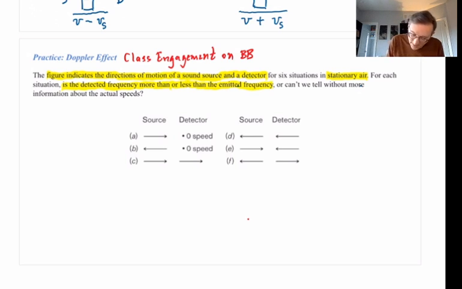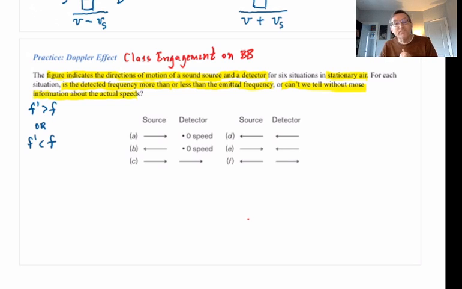In other words, is f prime greater than f? Or is f prime less than f? Or is there not enough information to tell? Okay, that's what you have to answer for these 6 cases, A through F.